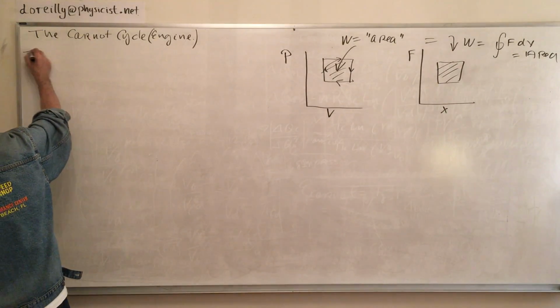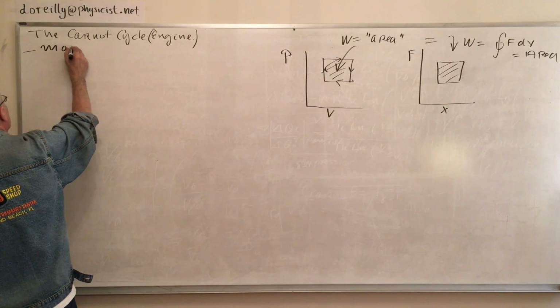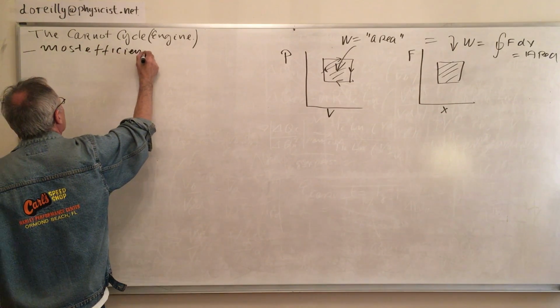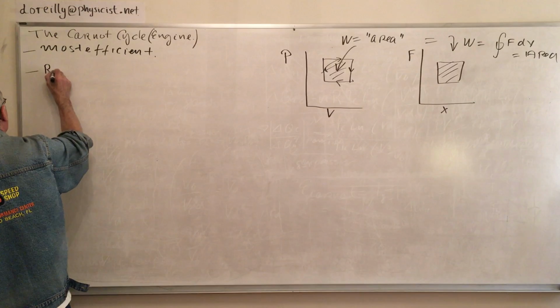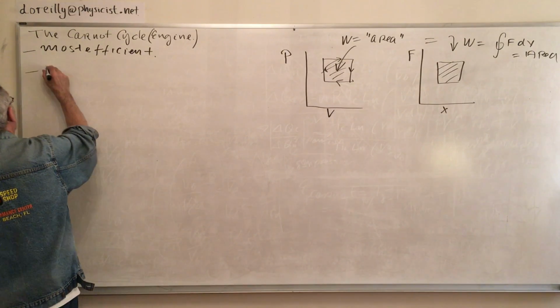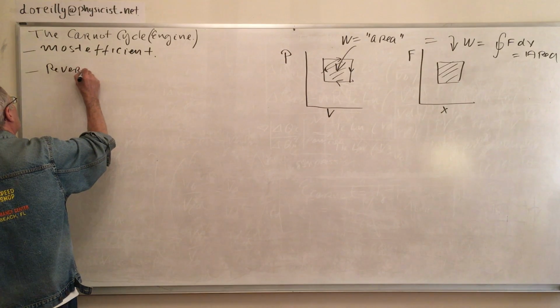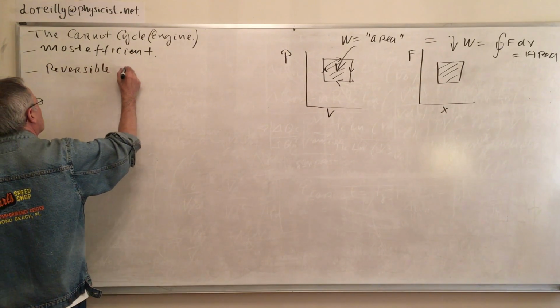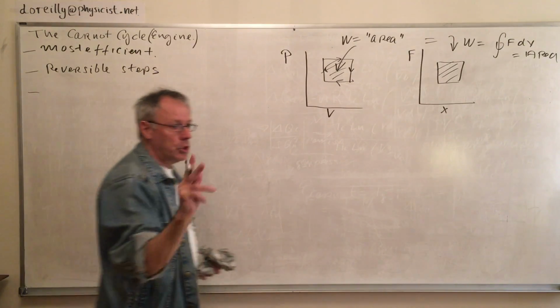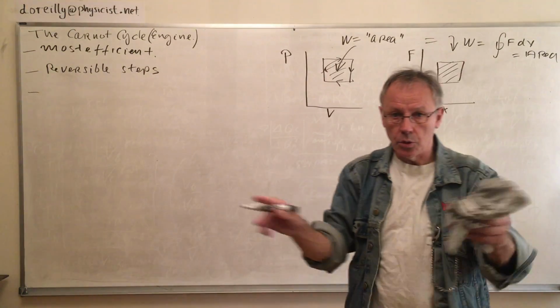So the Carnot engine, one way or another, is the most efficient. It consists of reversible steps. Carnot used two types of steps to make an enclosed figure.